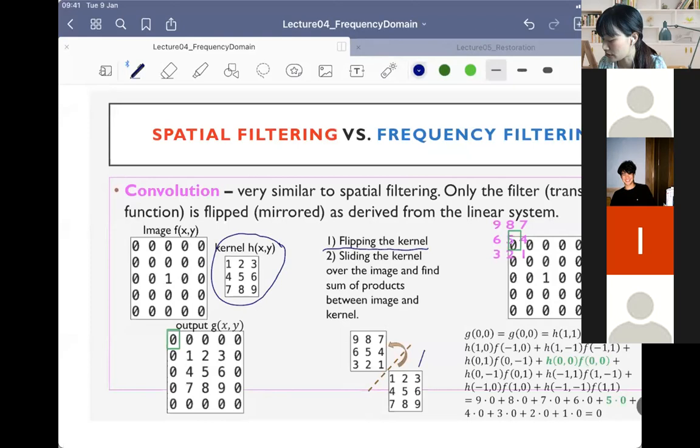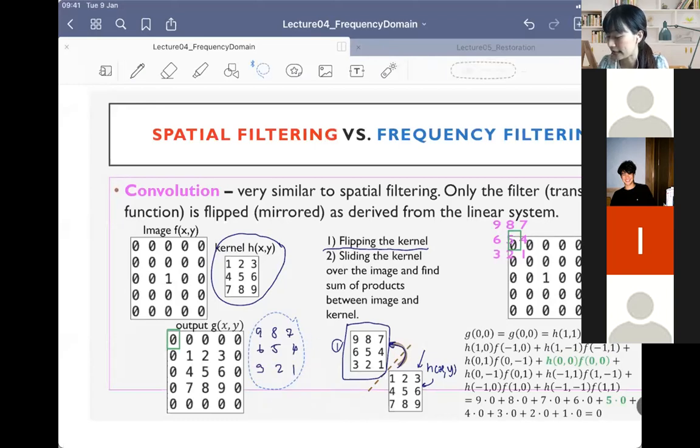For example, h(x, y) looks like this. First, we flip the kernel, so here is the flipped kernel. Then I use it as the filter, as a kernel, and slide it through the image and find the sum of products for each corresponding pixel that overlaps between the kernel and the image.